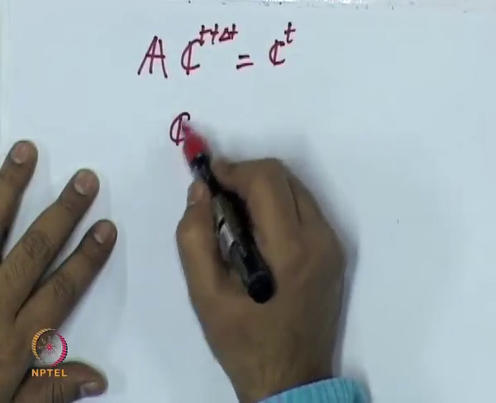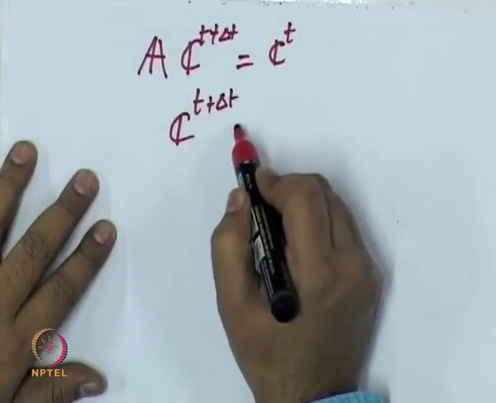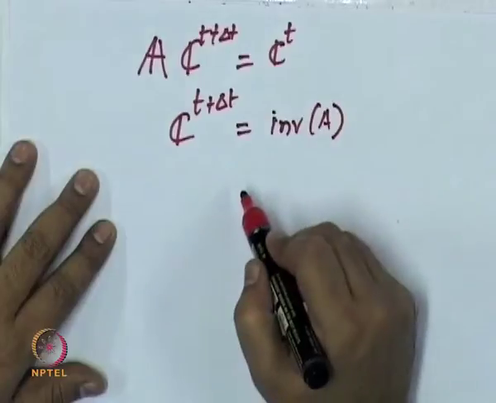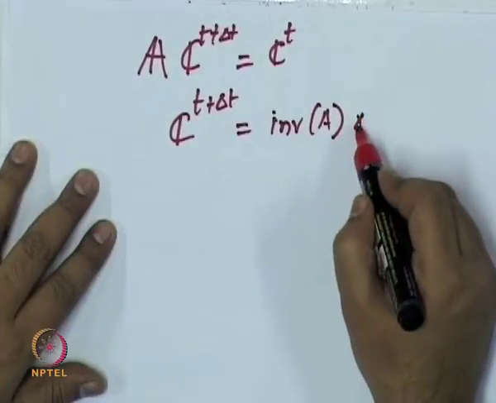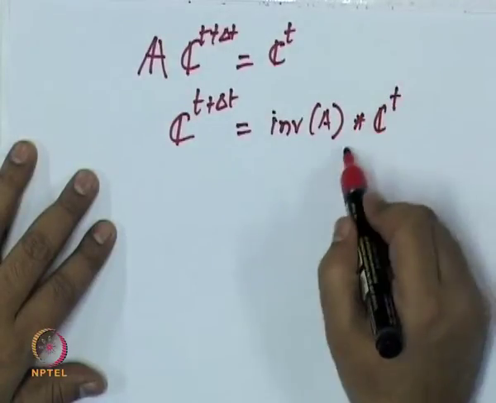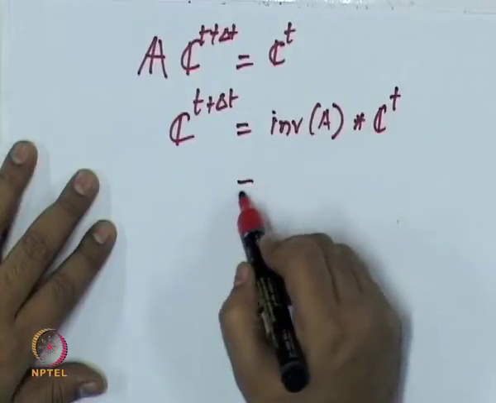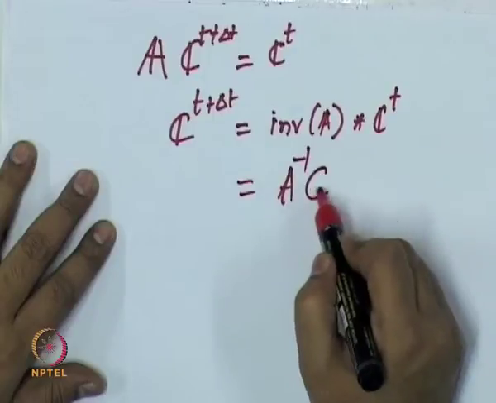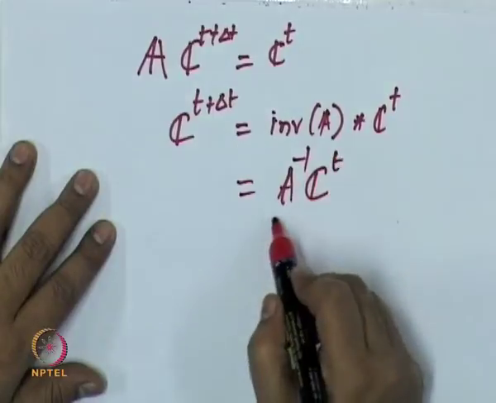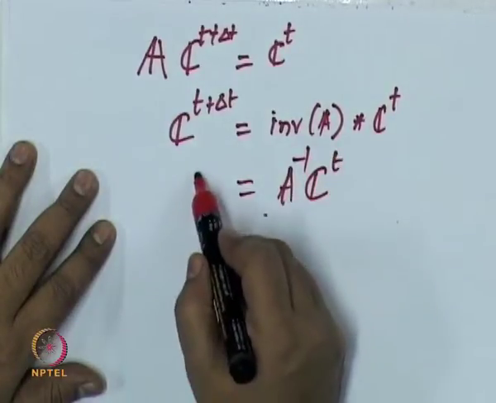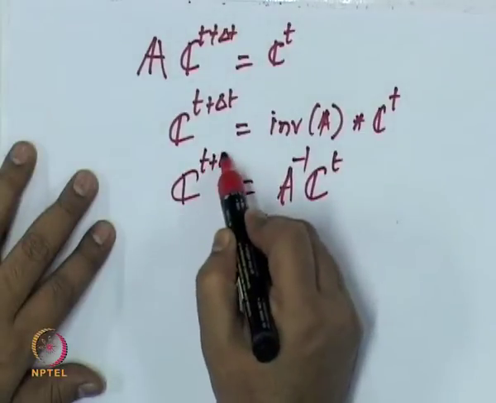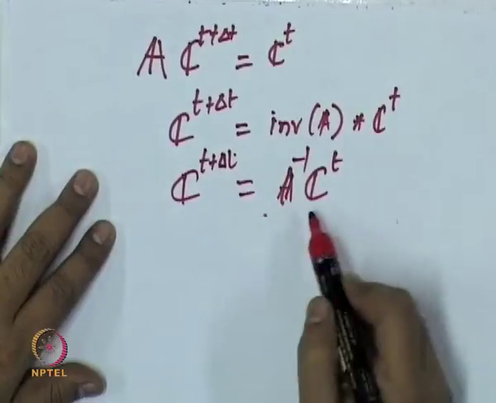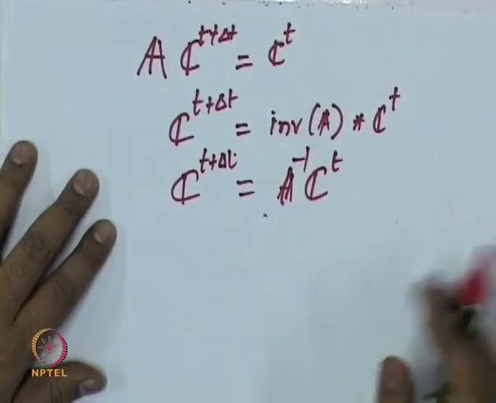So, if I want C at t plus delta t, all I need to do is take the inverse of A, and that should left multiply C of t. This is a matrix multiplication, right. So, this is typically written as A inverse C t. So, that will give you C at t plus delta t. The lines that I am drawing indicate that these quantities are matrices, they are not just numbers.